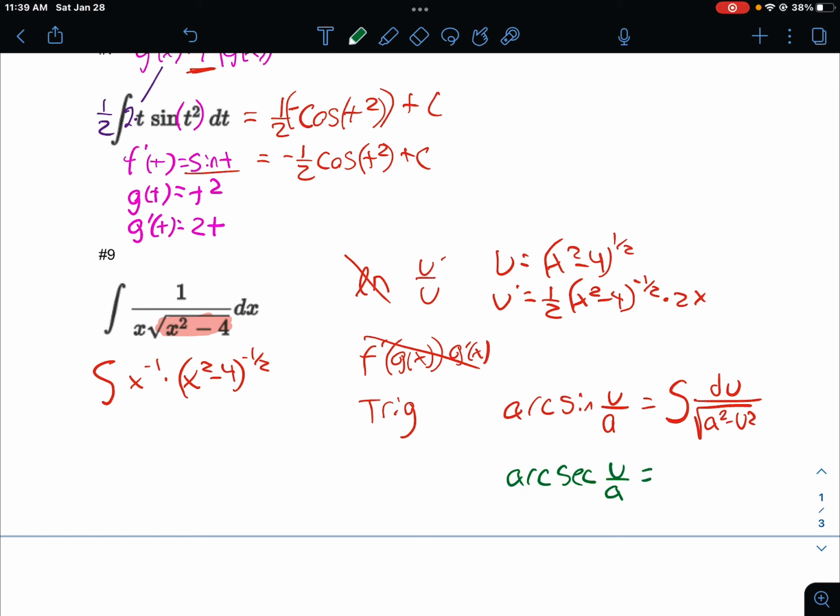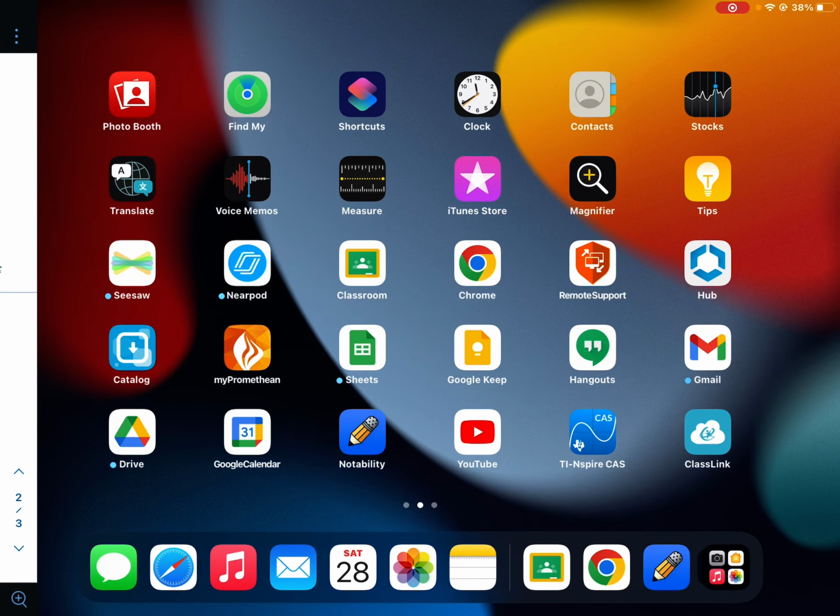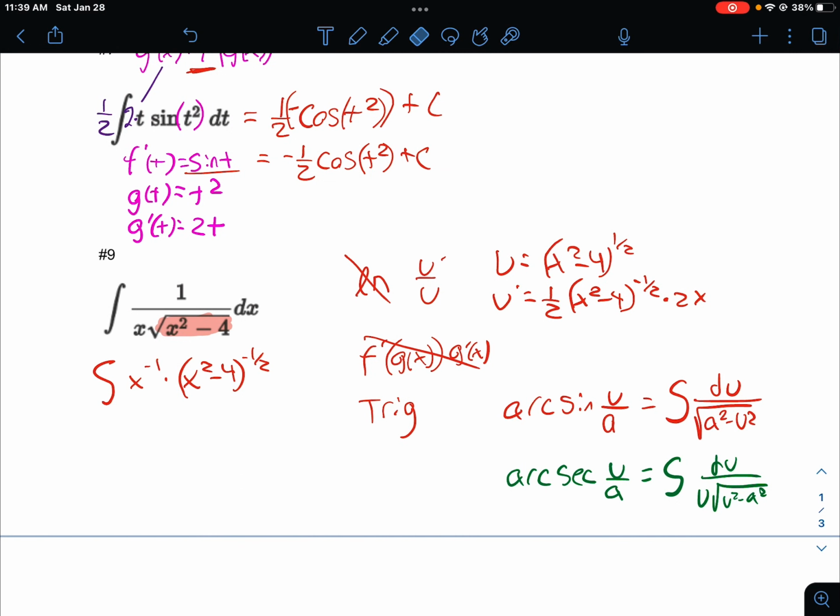So when we rewrite this, this is the integral of du over u times the square root of u squared minus a squared. And that's where this all comes from. We want it to be of this form right here.